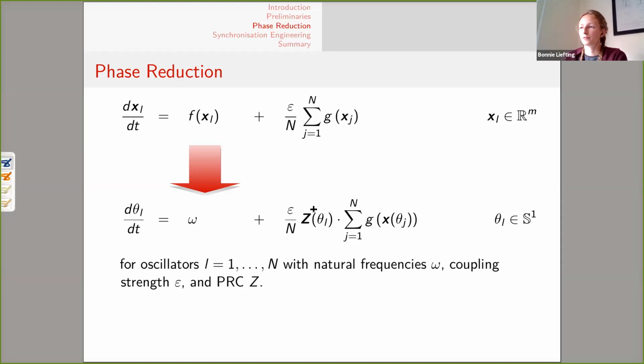And now the form of the feedback that is applied in the original synchronization engineering is similar to, for example, the Kuramoto model. So it's a summation. We're taking information from one other oscillator at a time, putting it into some function that we'll look at later, and then just taking a sum.